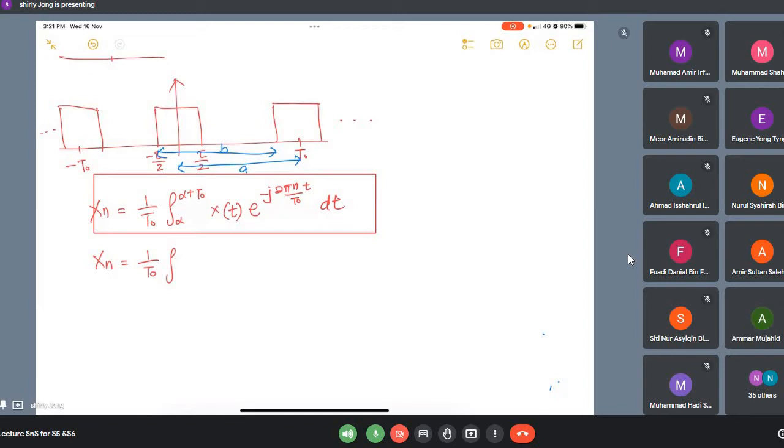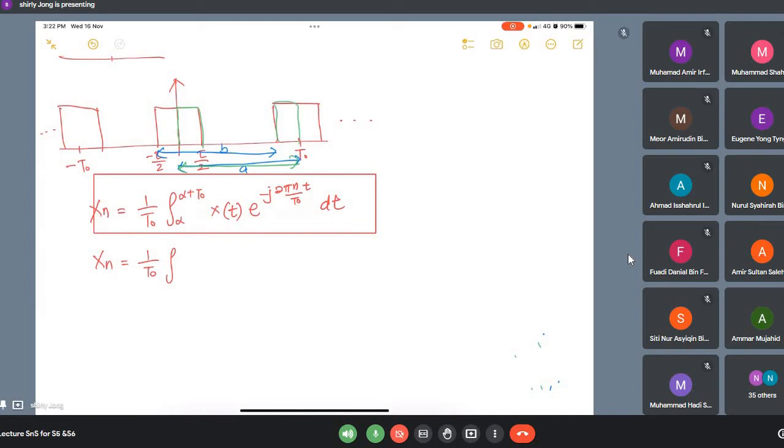Is A same as B? If you look here, I use a different color. For A, this one you have the value, and this one also you have the value of half here.